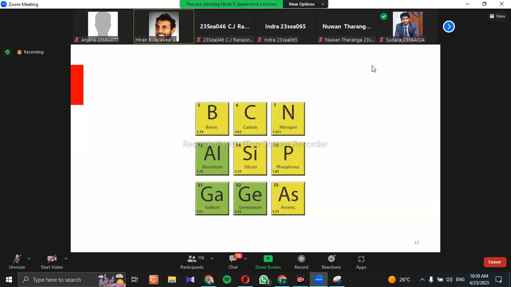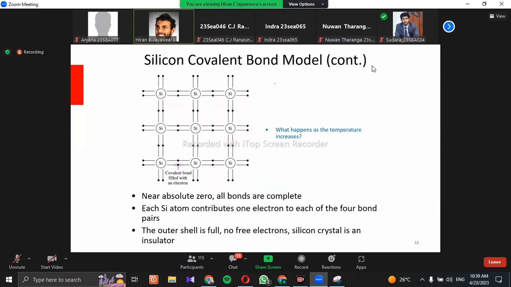Right. So again, this is the 4th group. You have carbon, silicon, and germanium. Right. So this is silicon. And here, the electrons in the outermost shell are represented.